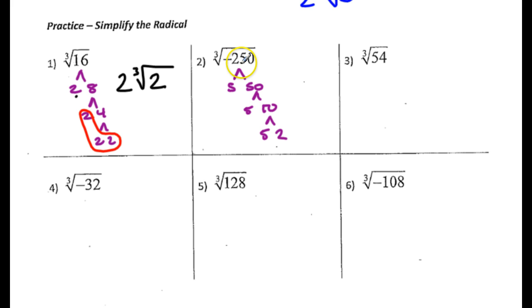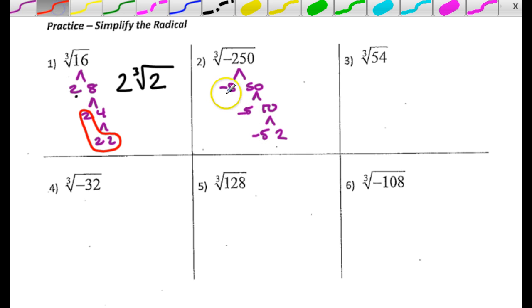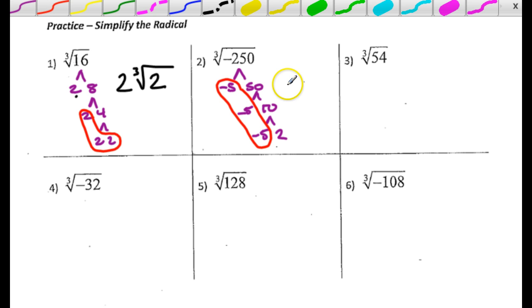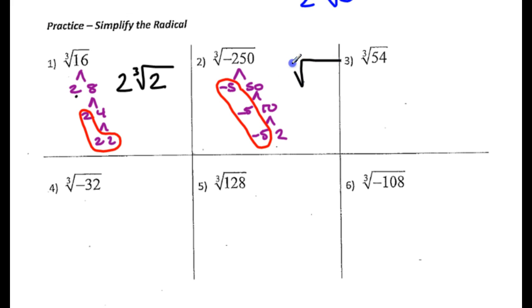I don't want to leave the negative inside. So what I can basically do here is just put the negative on my group of 3. I have 3 5s. They'll all be negative now. That's just kind of the shortcut way to do it. So now I've got a group of 3 that is all negative 5s. So when I fill my answer in, the negative 5 comes out, and then the positive 2 stays in. Okay?